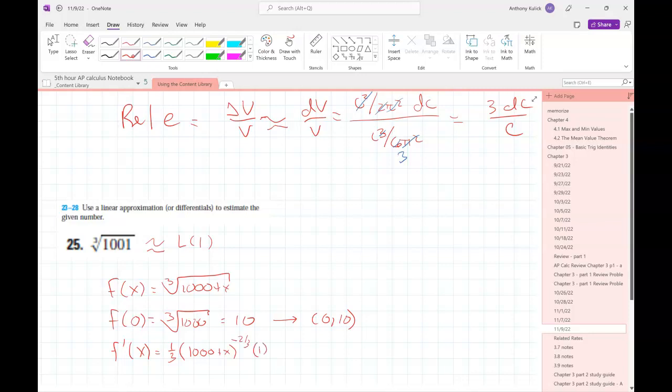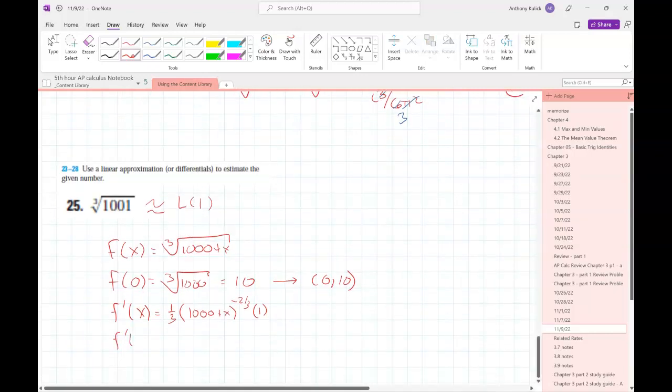Again, that's a chain rule. I'm going to think about the cube root as a 1/3 power. So the derivative of the outside is 1/3 times the inside raised to the negative 2/3 power, and then times the derivative of the inside.